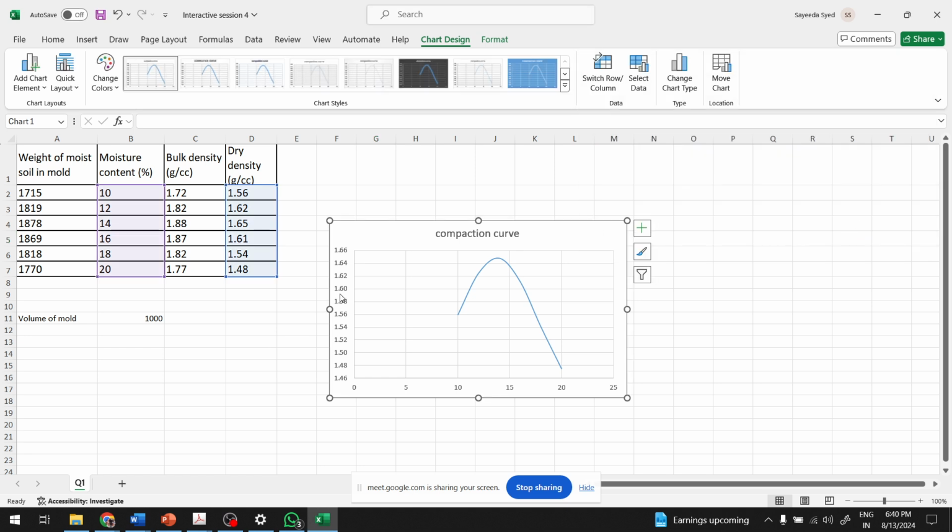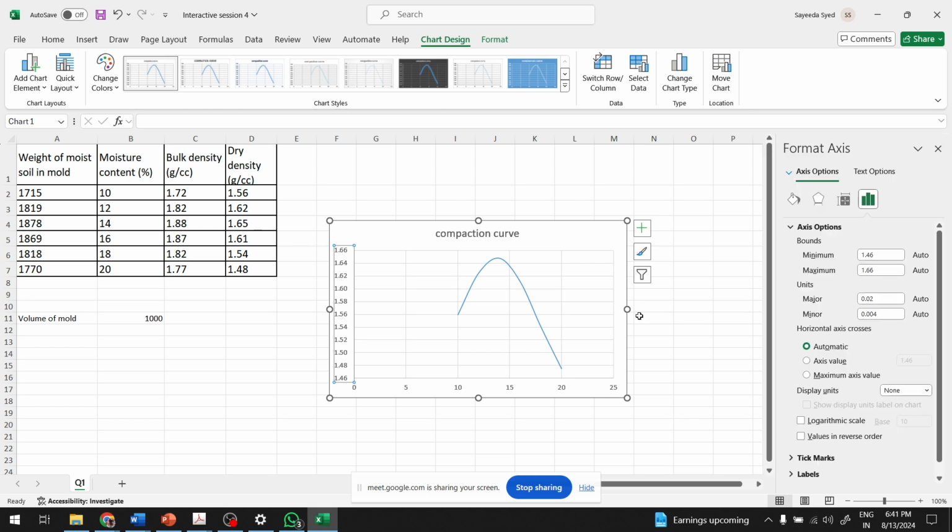Let us do some editing so that we can see this properly. This is 1.46 to 1.66. Major is 0.1 maybe.